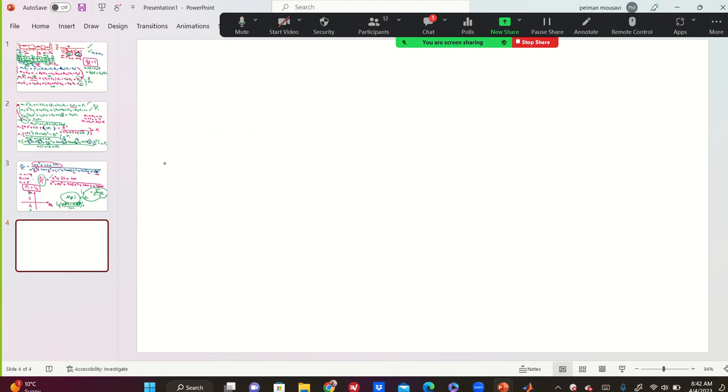So what you're going to have is M x double dot 1, now in time domain, plus C x dot 1 plus 2K x1 minus K x2 is equal to f1.